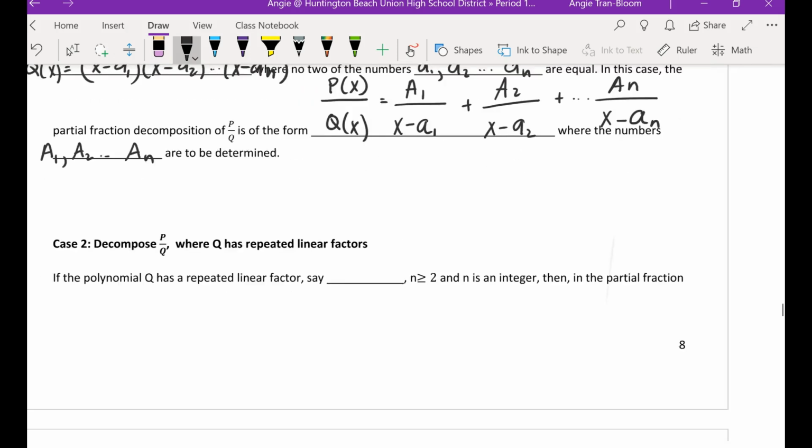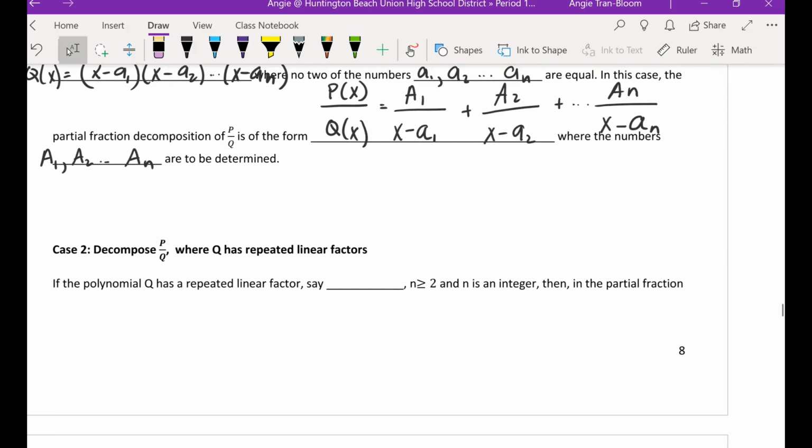Now, case number 2, where Q has repeated linear factors. I mean, it may have some of the same factors, okay? So if the polynomial Q has a repeated linear factor, then what happens?